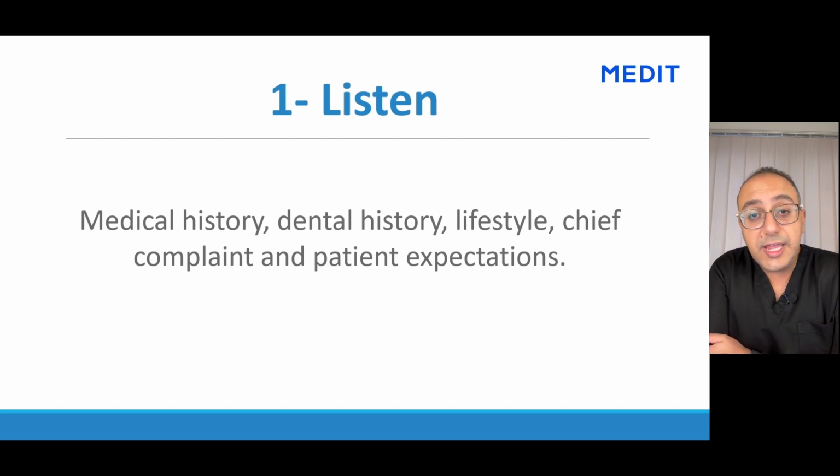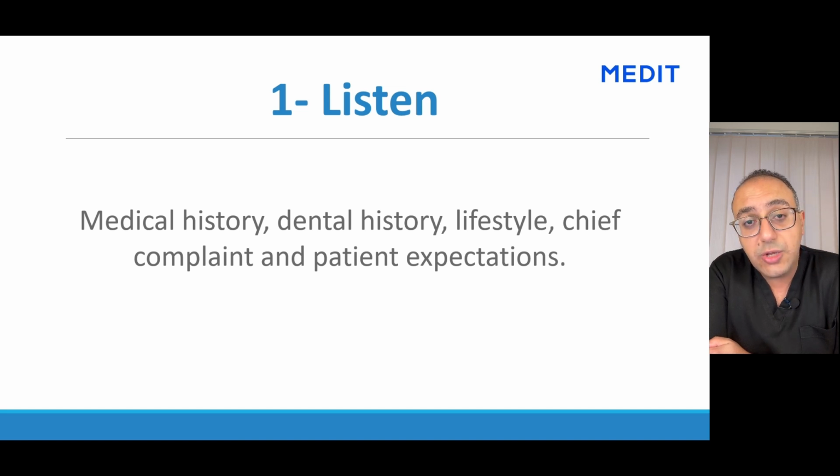And actually, this is very important because I remember a couple of months ago, I had a patient seeking a third dentition over implants, a full arch treatment. And actually, after listening to her and talking with her, I realized that her expectation was having a Hollywood smile, veneers over teeth.